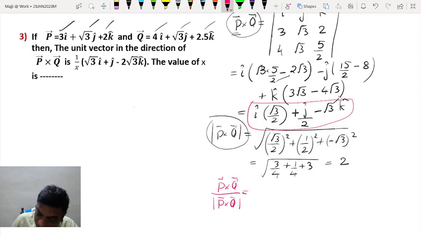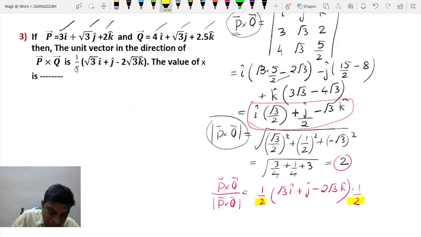I will take the LCM. After taking LCM, we have half into root 3 i cap plus j cap minus 2 root 3 k cap, and then divide by the modulus. When you divide by the modulus, you get 4 in the denominator. So x is equal to 4. 4 is the correct answer.